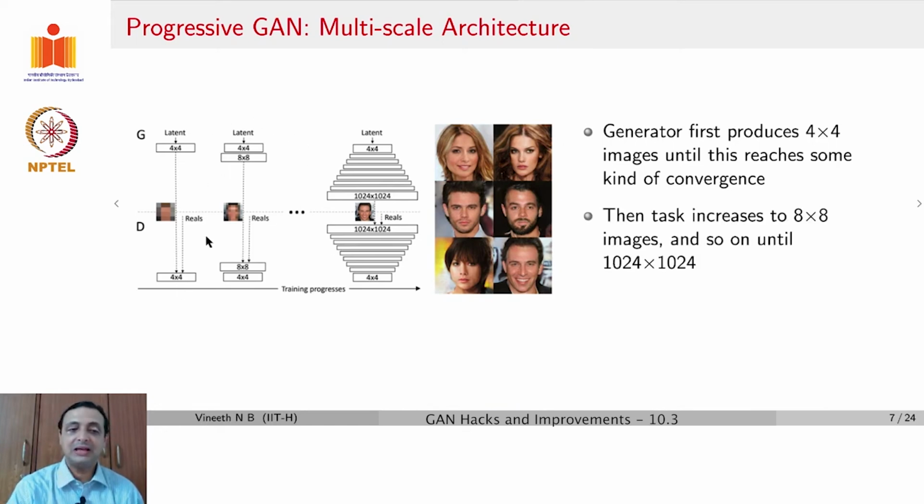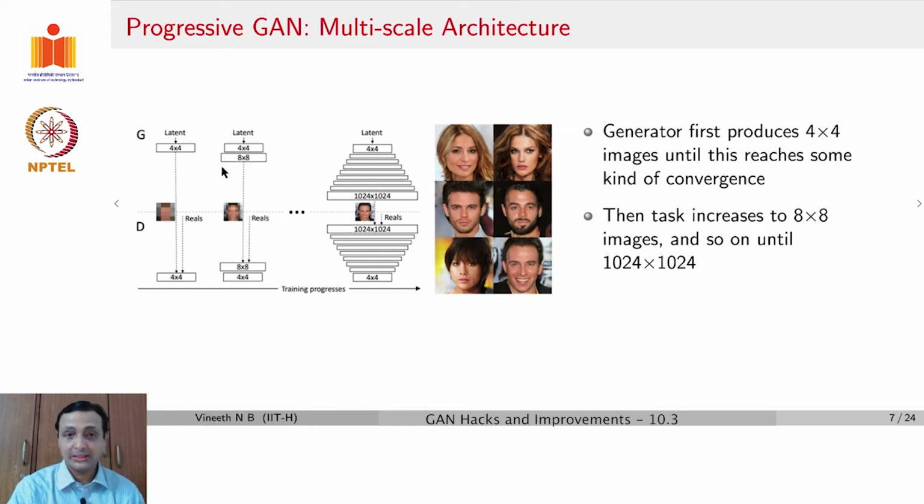This then increases to 8x8 in the next iterations of training. You can see here that compared to the image generated in the 4x4 setting, the 8x8 setting is still blurry, but has some more details when compared to the 4x4 setting.